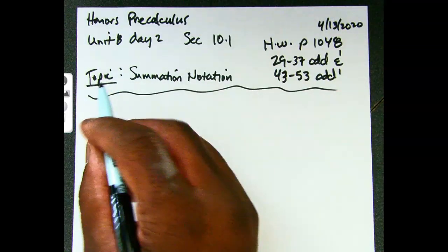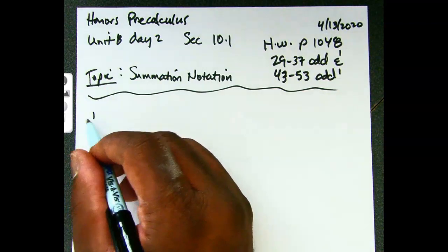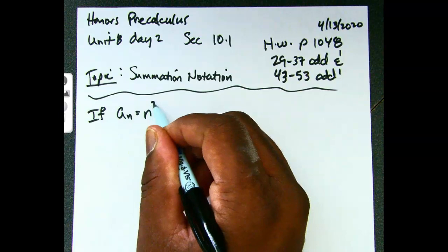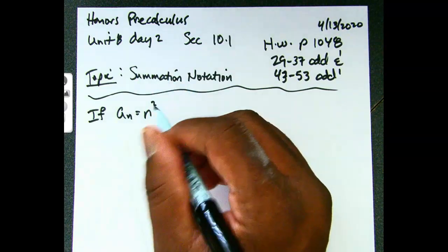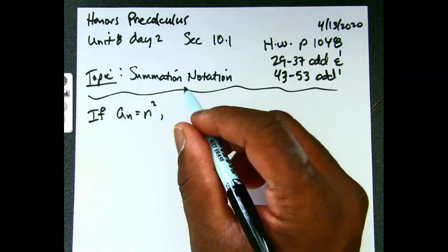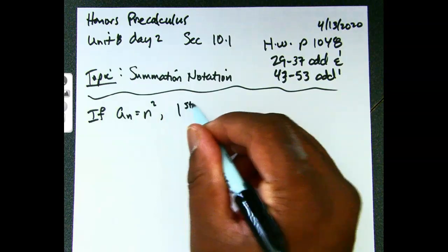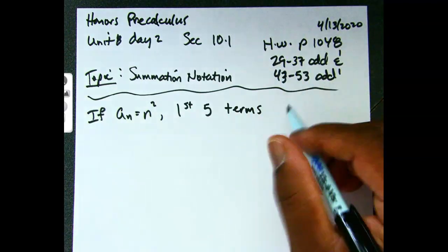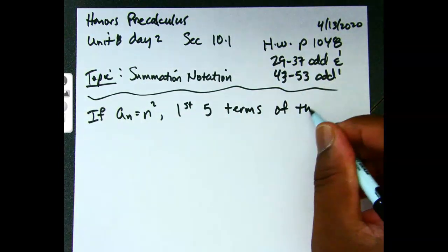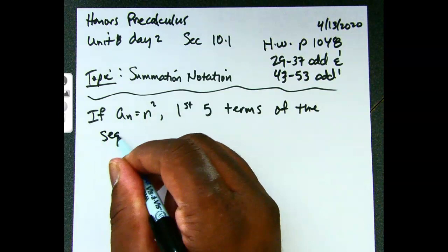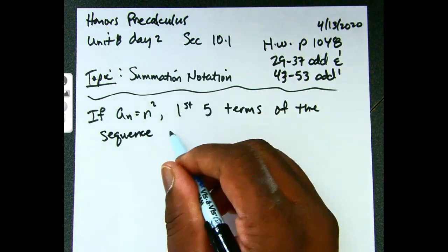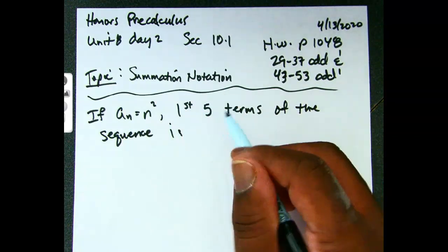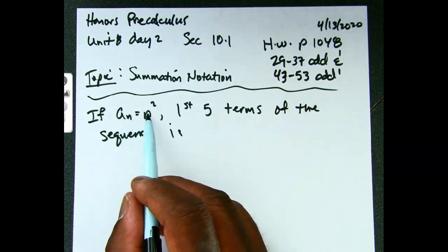Okay, so if a sub n is equal to n squared, then the first 5 terms of the sequence is, well, we're going to have a sub 1, which will be 1 squared.